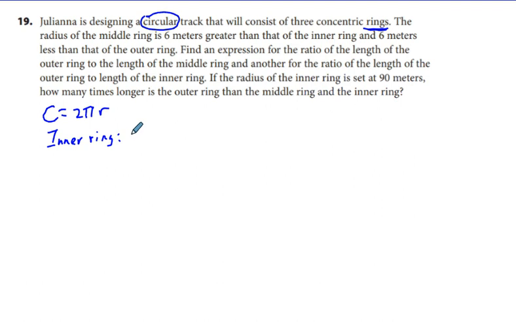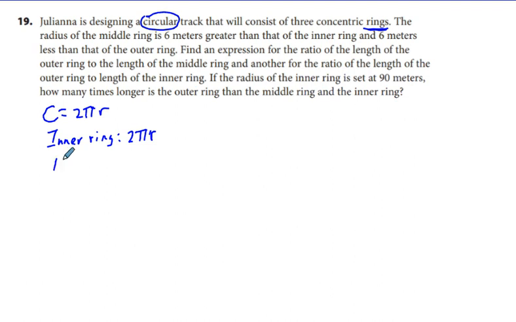Well, it's going to be 2 pi r, which is 90. So let's just call the expression r, first of all, 2 pi r. Because then we have the condition later.